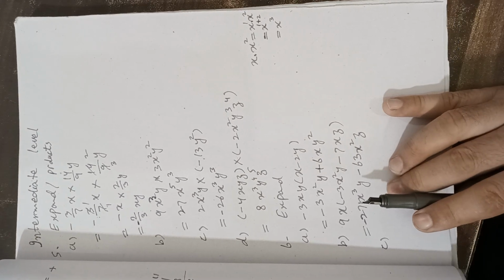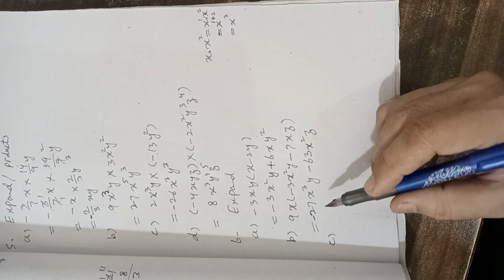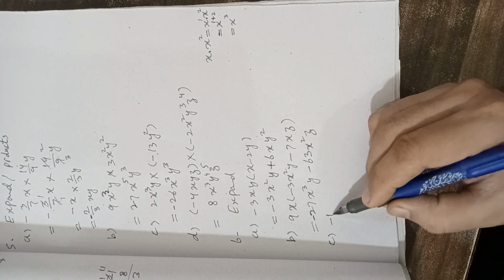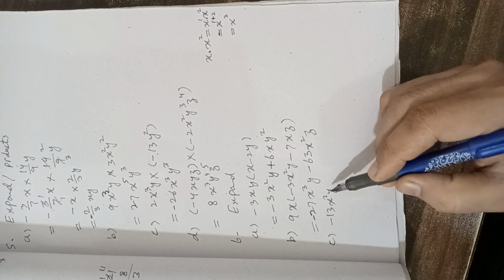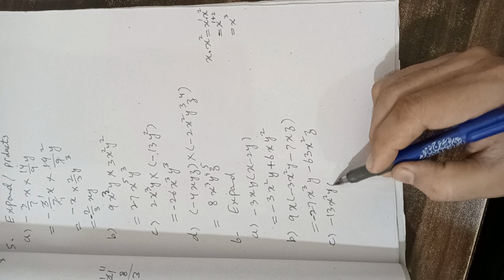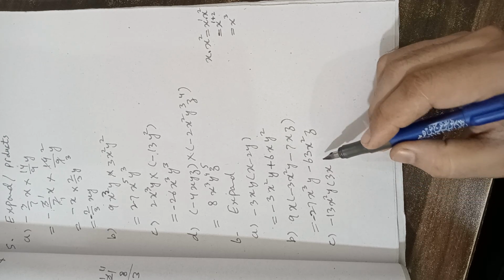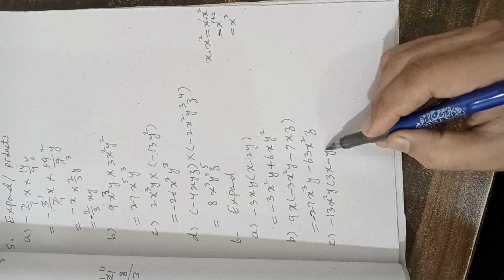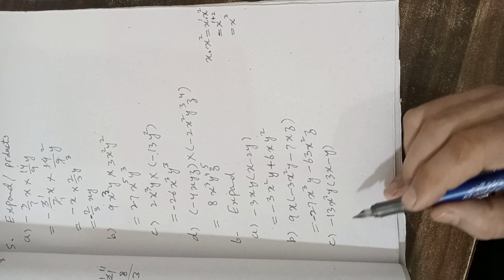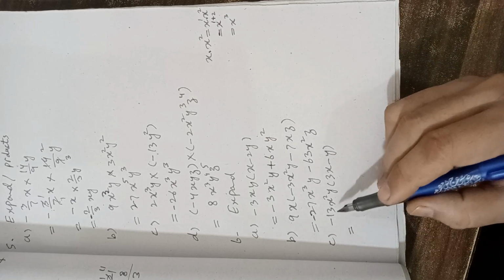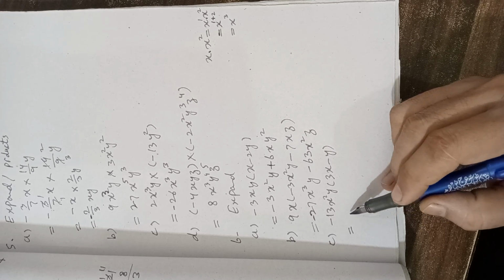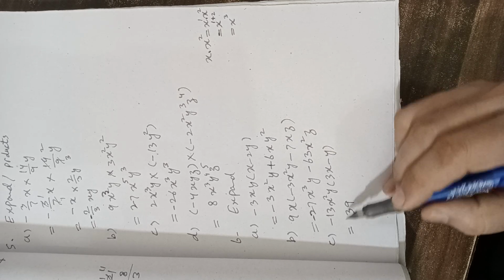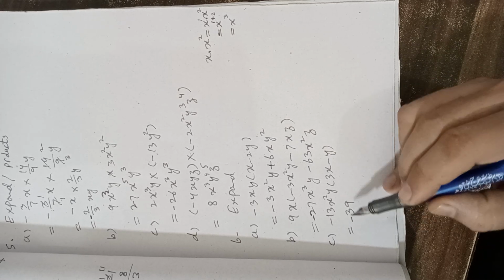Then there is C part. C part is minus 13 x square y into (3x minus y). 13 3s are 39, and minus sign will be here.